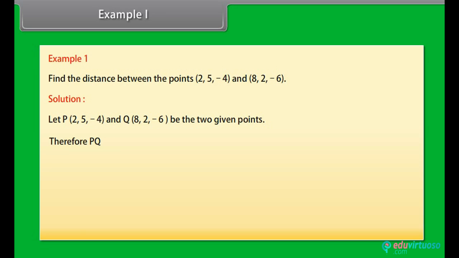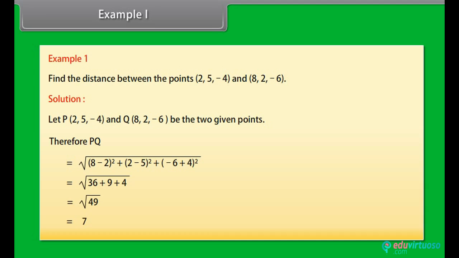Therefore, PQ is equal to square root of 8 minus 2 square plus 2 minus 5 square plus -6 plus 4 square, is equal to square root of 36 plus 9 plus 4, is equal to square root of 49, is equal to 7.